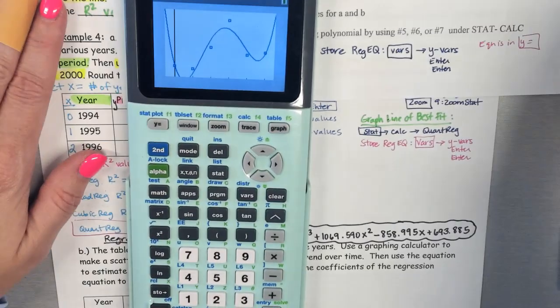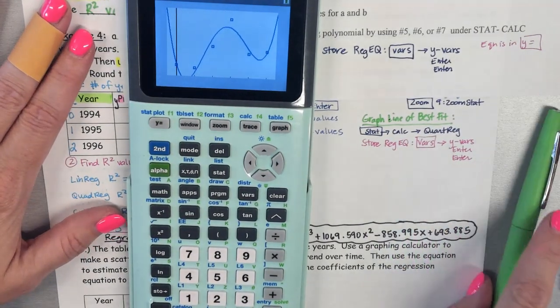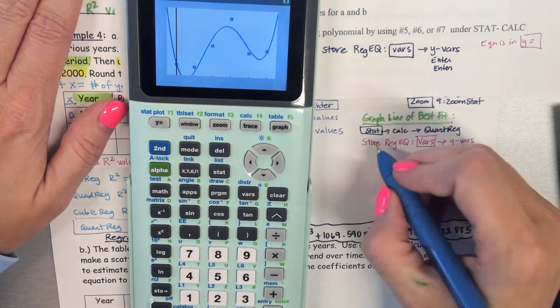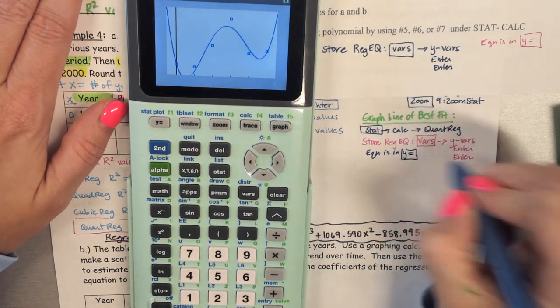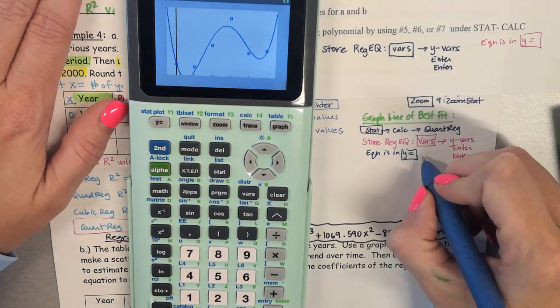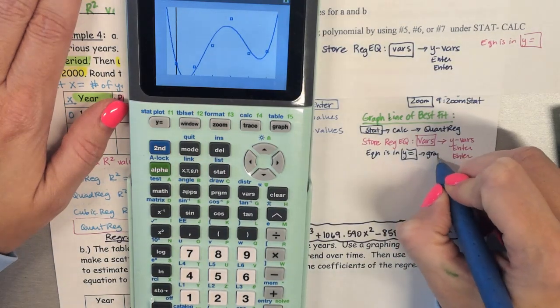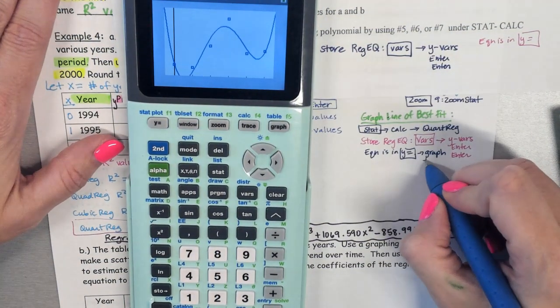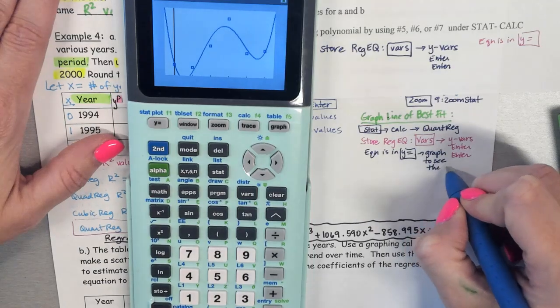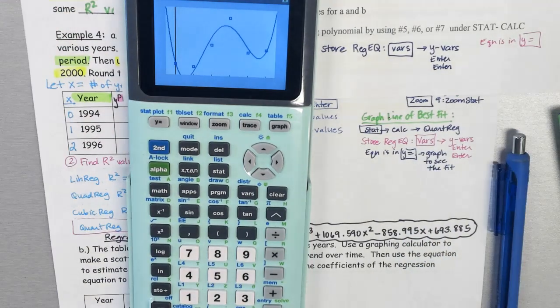Okay, so after you do this, then you're going to go to y equals to see graph. Okay, and then we graphed it so we could see this. Okay, so when you graph it, you are just saying, hey, that looks like a good fit, or maybe it is not such a good fit. Okay, it depends on which one you are graphing.